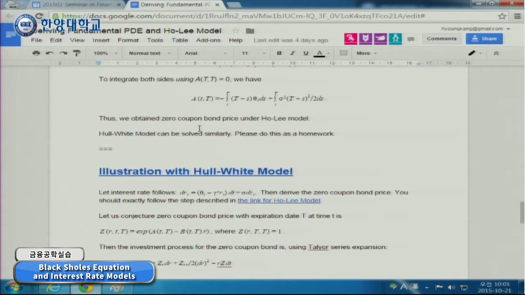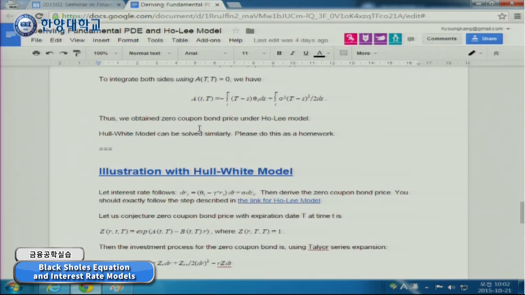Because we now know the formula for the bond price, now we can actually estimate the Ho-Lee model too. We have data of zero coupon bond prices, and we have a formula for the zero coupon price, and we can match each other, and then we can find the sigma and theta.